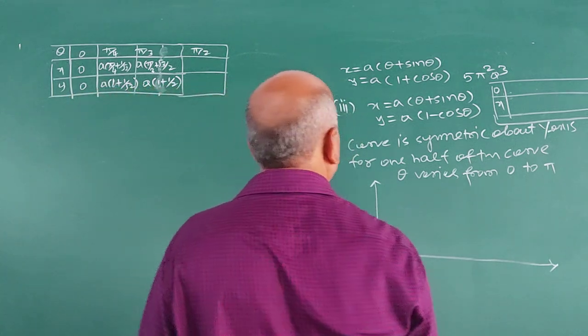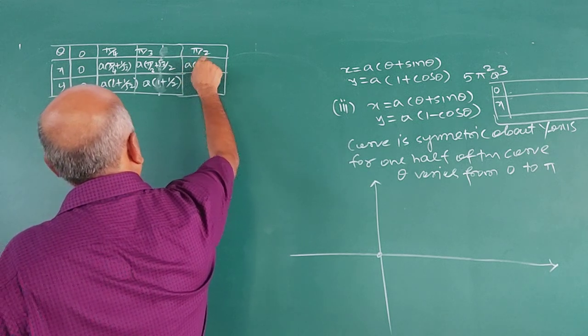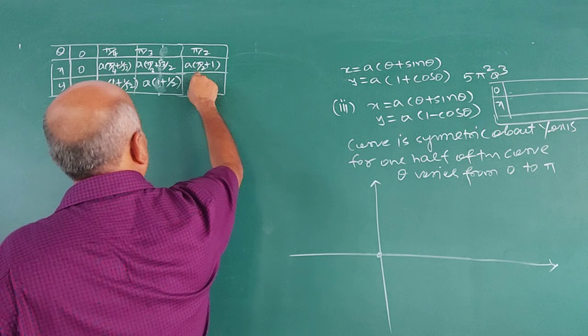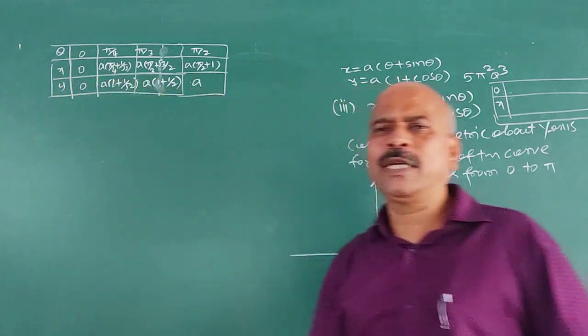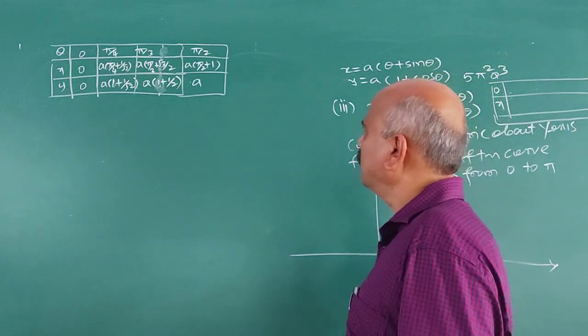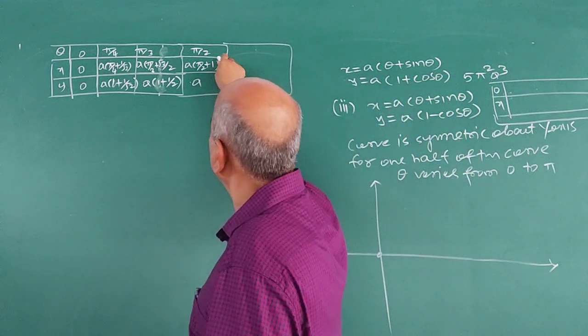theta is pi by 2. What is x? A into pi by 2 plus 1. For y, a into 1 minus cos pi by 2, and cos pi by 2 is 0, so y is a. Similarly, when x increases, y also increases.